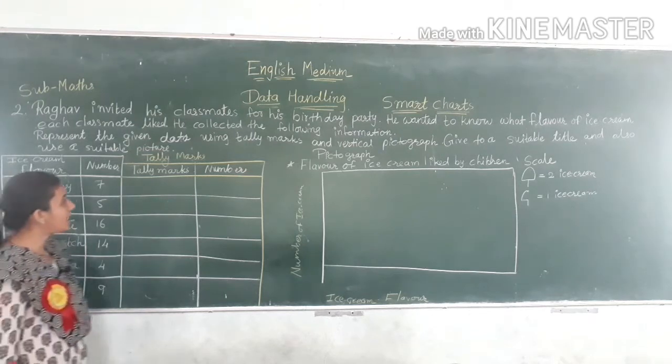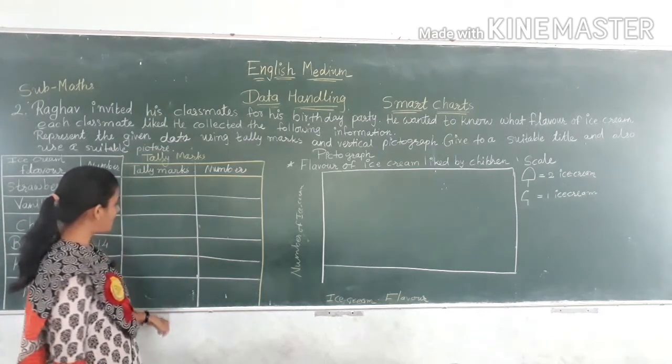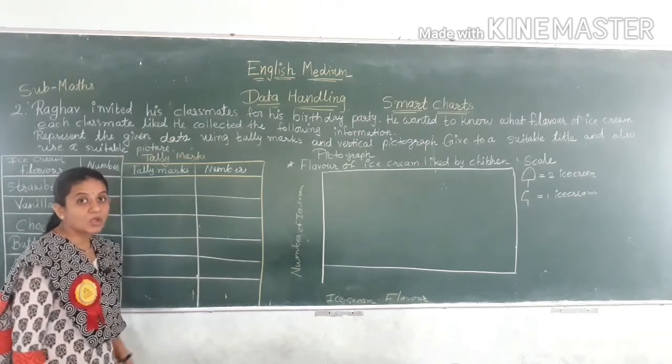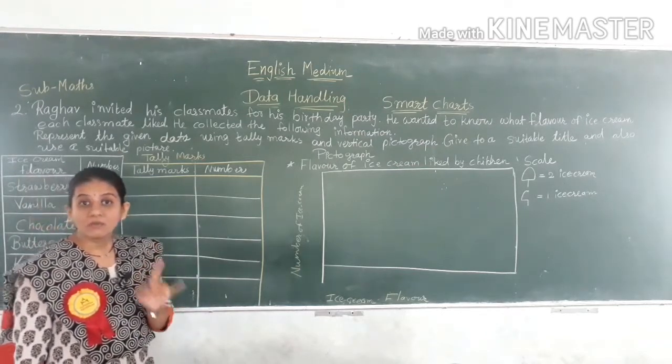Now here, tally marks. The first column is tally marks and another one is numbers. In tally marks, we use 4 vertical lines and 1 cross line.